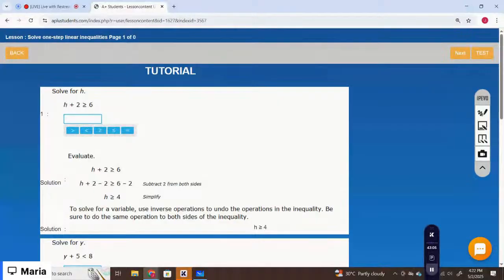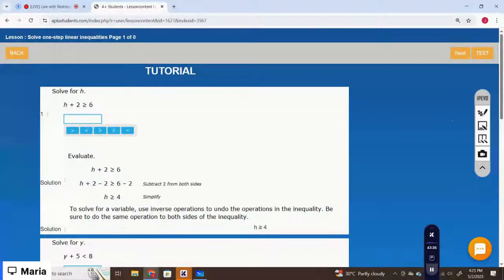Solve for h. h plus 2 is greater than or equal to 6. So subtract 2 from the other side. You can subtract 2 from both sides.